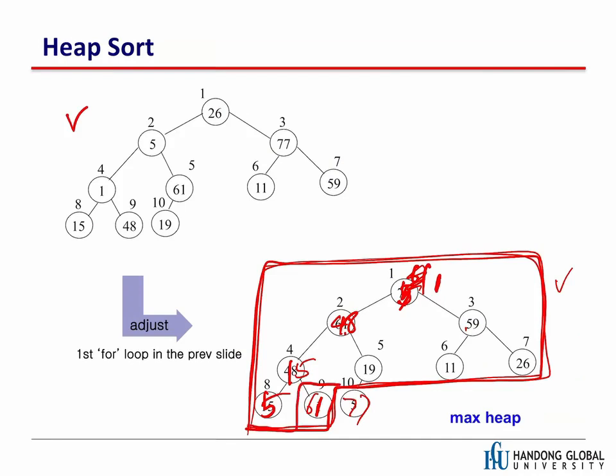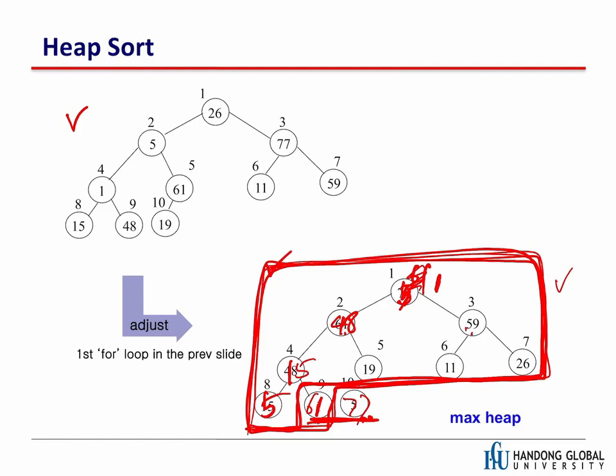Which means we are adjusting this complete binary tree here. So this is what we are interested in. Look at this one, 77, 61. 77 is the largest one and 61 is the second largest one. And then we adjust this complete binary tree.